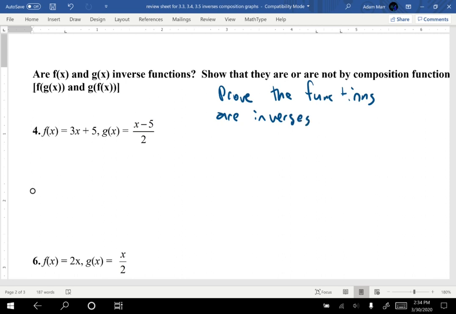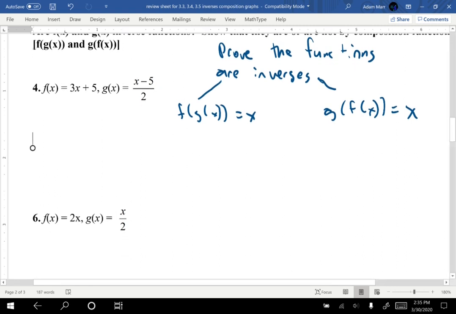First of all, we have to prove that f of g of x, composition once again, equals x. Then we also have to prove that g of f of x equals x. All right, let's do it. F of g of x is x minus 5 over 2.